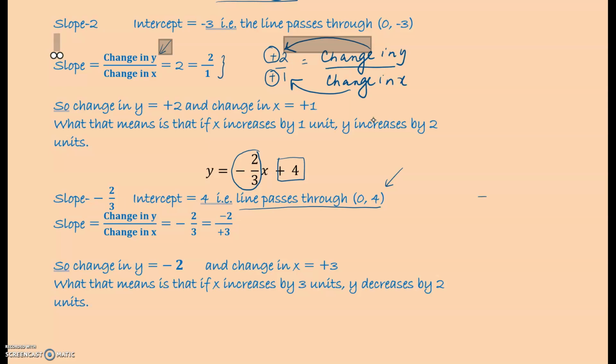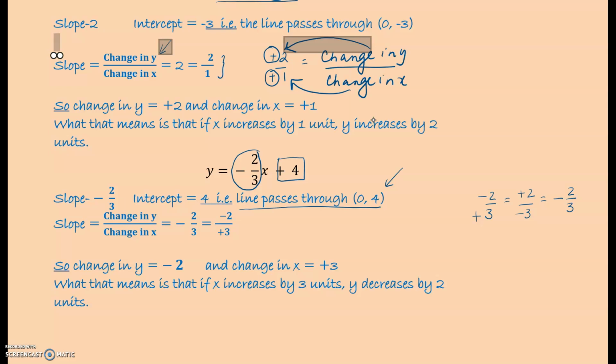Now negative 2/3 can be written in so many different ways. Negative 2/3 can be written as negative 2 over positive 3, which is the same as positive 2 over negative 3, which is the same as negative 2/3. It all means the same thing.